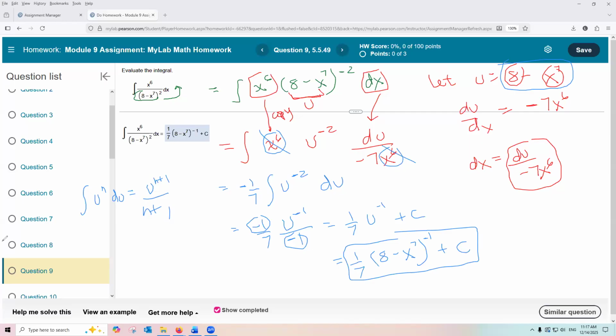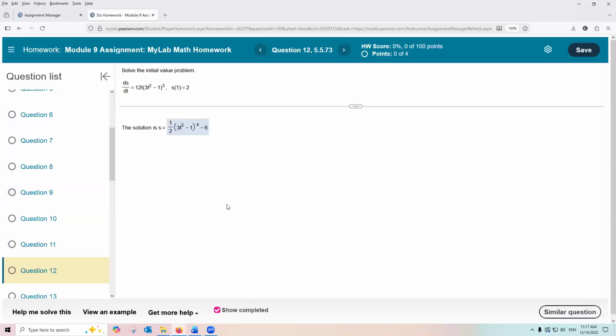All right. Let me go to an example that's a little different, which is called an initial value problem. You may remember we did some of these previously, but the difference now is we're going to need u substitution for this example. So they're giving us ds/dt is 12t times (3t squared minus 1) to the third, and they're telling us s of 1 equals 2.